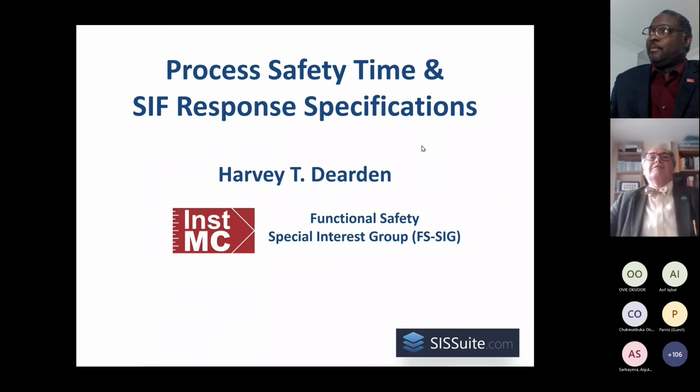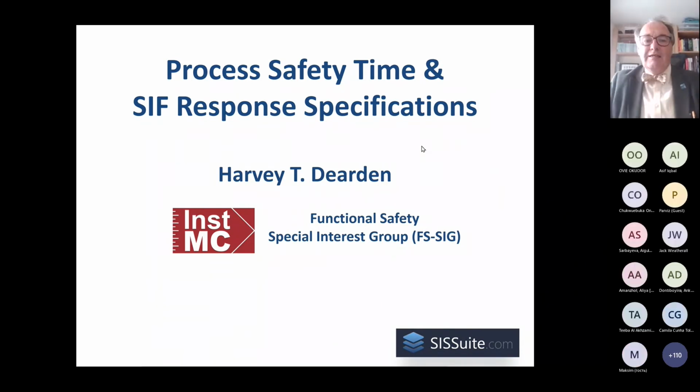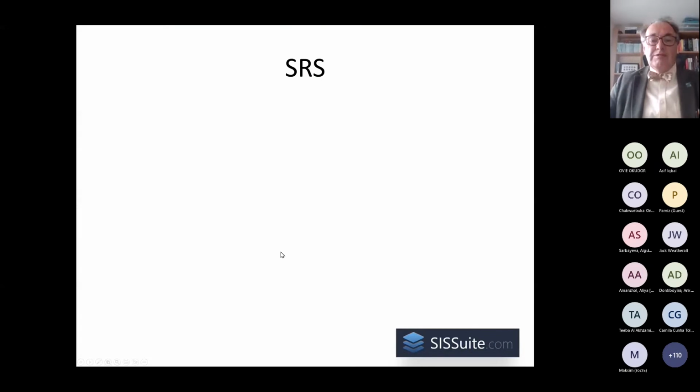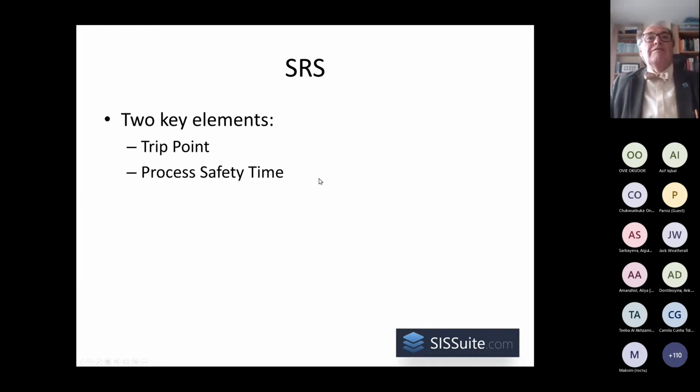Okay, hopefully everybody can see the title slide. So, process safety time, SIF response specifications. If we consider the safety requirements specification for a SIF, a pretty fundamental document, of course, perhaps the most fundamental document underpinning all that we do in functional safety, there are two key elements within that specification that we need to consider in terms of these timing issues.